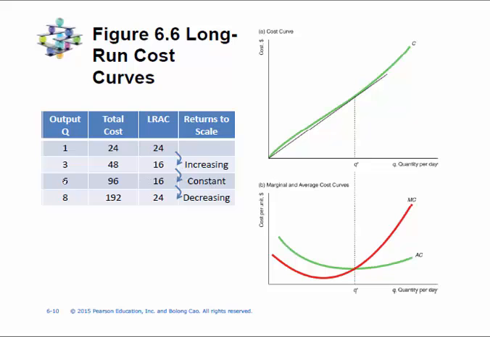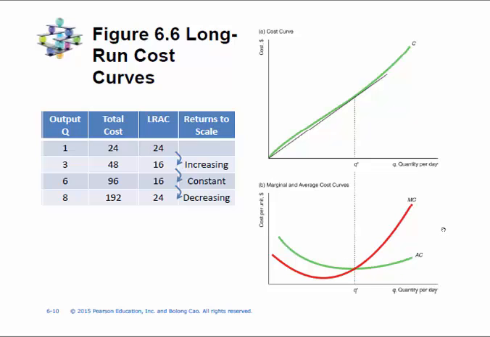And if you increase the operation further, the long-run average cost increases. It's a so-called decreasing returns to scale, or diseconomies of scale. So when the long-run average cost starts to slope upwards, it's the diseconomies of scale. And the downward sloping portion is the economies of scale.